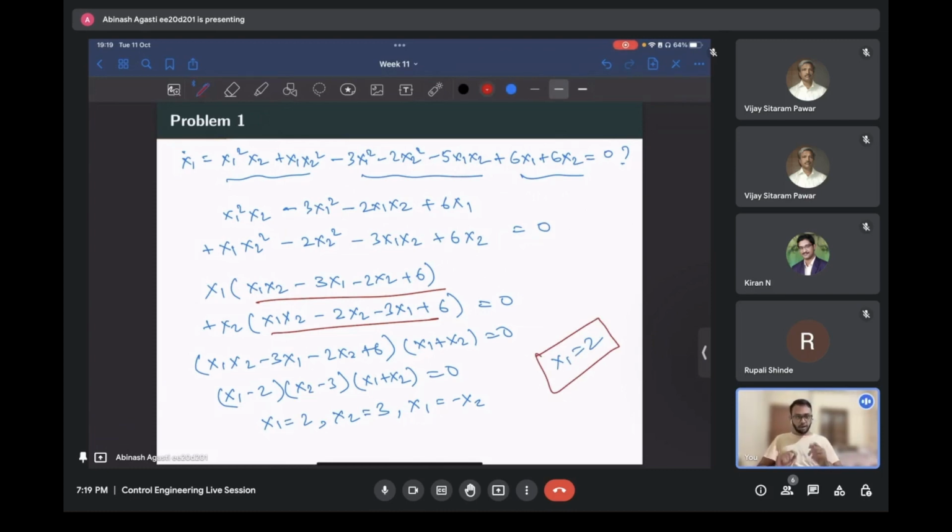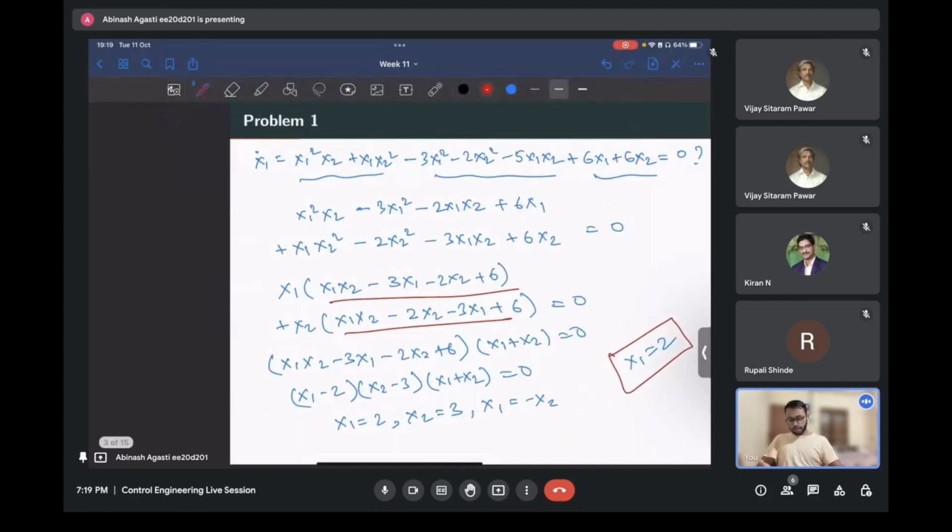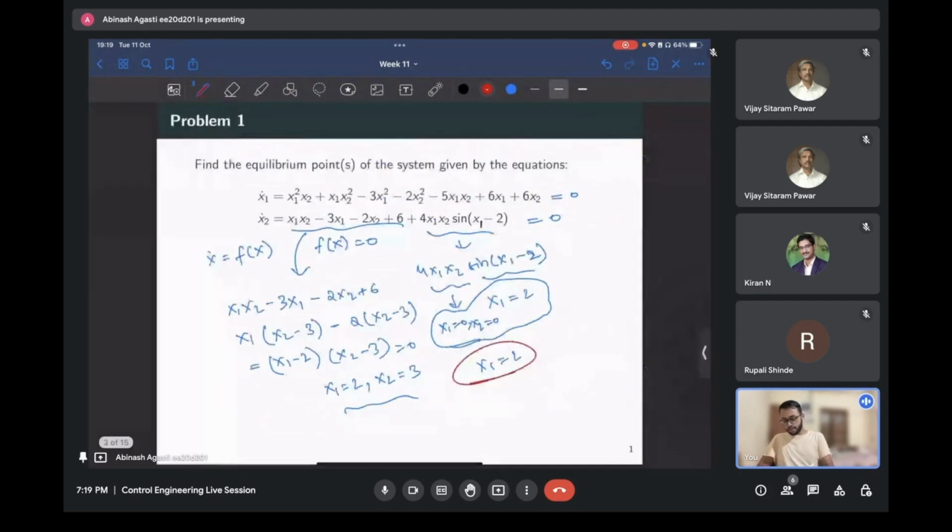But for x1 equal to 2 and any value of x2, my fx will be 0, right? So if I take x1 equal to 2 in the first equation, I'll have 0. And if I take x1 equal to 2 in the second equation, then also I'll have 0, right? And that is quite independent of what value x2 takes.